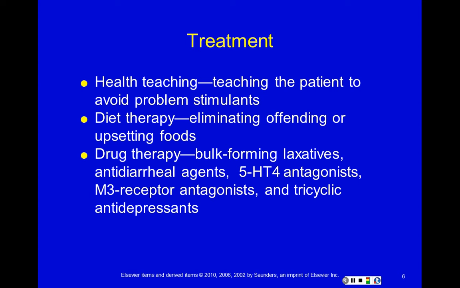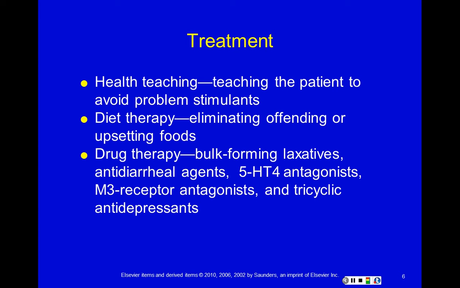The 5-HT4 antagonists, they block serotonin. And so we find that serotonin is found in the vagus nerve, and it's responsible for peristalsis. And so it's that increased peristalsis that's causing the person to have diarrhea. So we're going to block that. And then the M3 receptors, these inhibit intestinal motility.